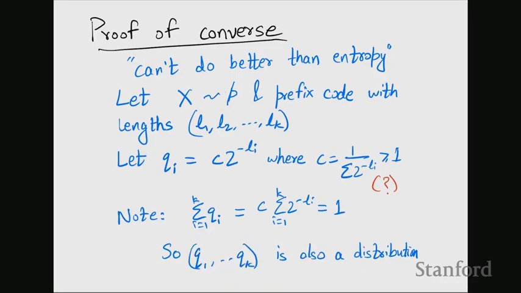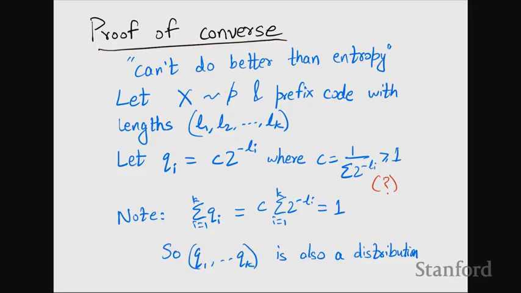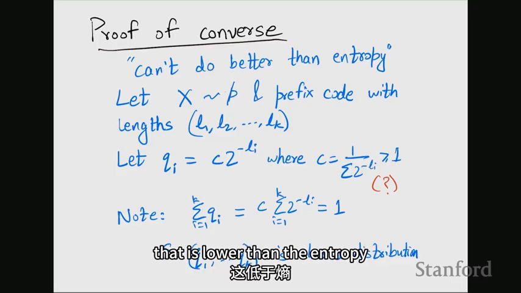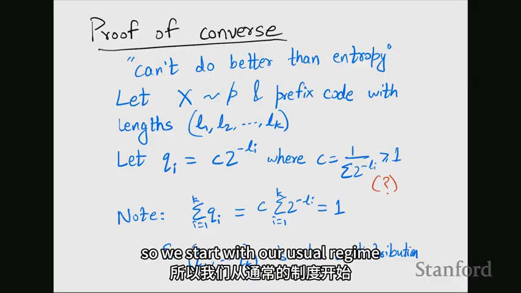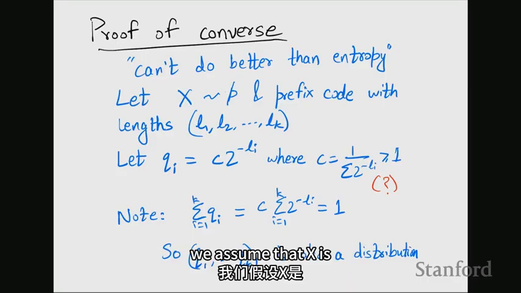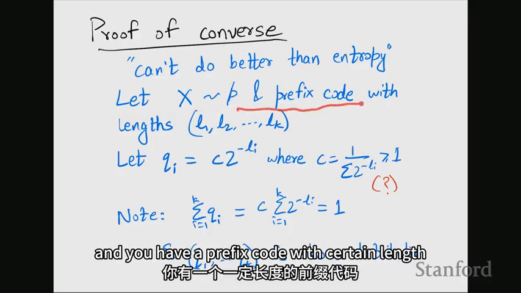Okay, so first we'll prove the converse. The converse is that you cannot do better than the entropy. Any prefix code in the world cannot have expected code length that is lower than the entropy. So we start with our usual regime. We assume that X is distributed according to some distribution P, and you have a prefix code with certain lengths.